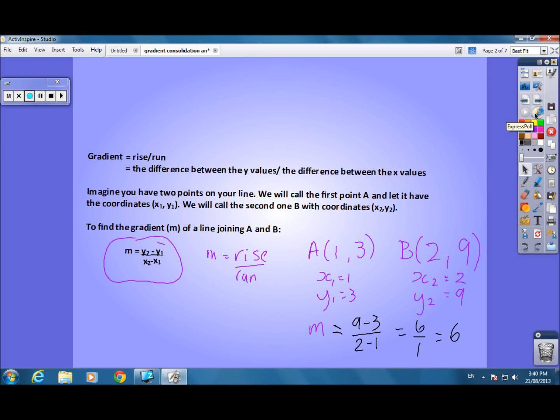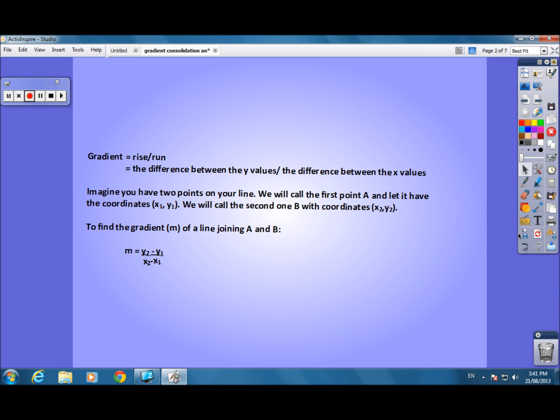Okay, first of all, remembering from last lesson we talked about the gradient. That's another way of saying the slope of the line, and we talked about how we find the gradient by using the rise over the run.